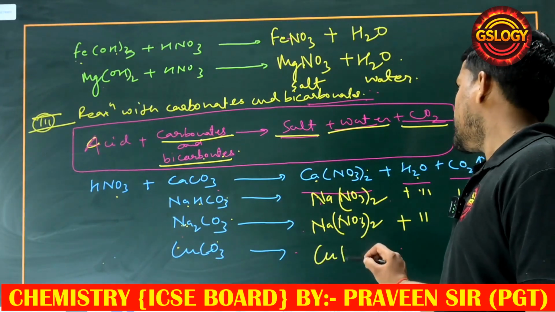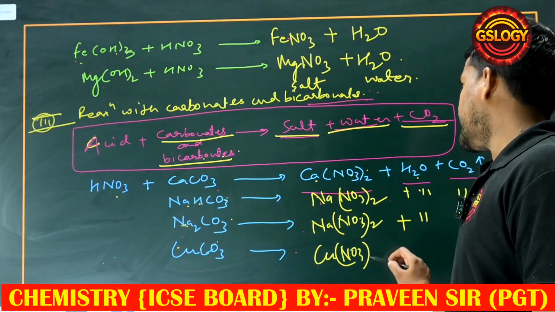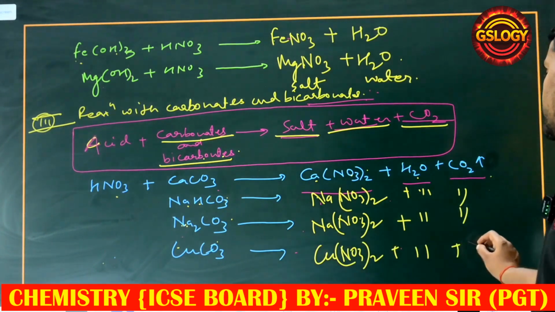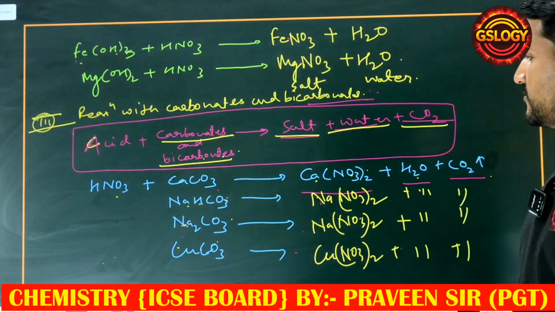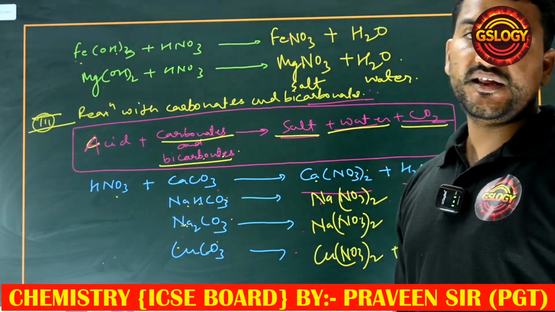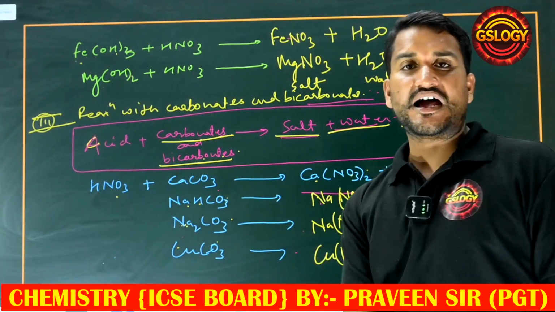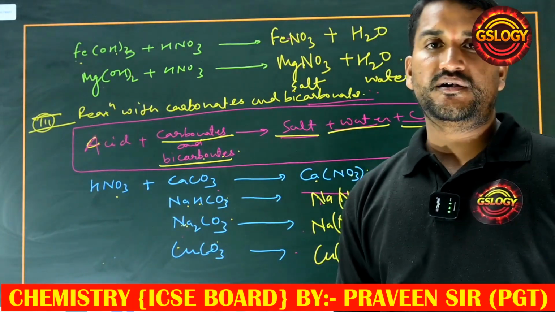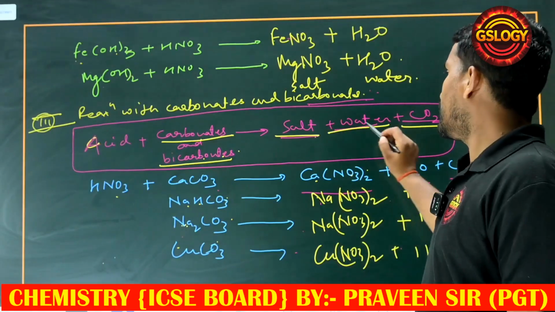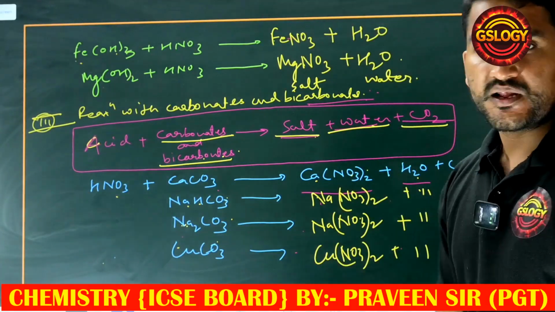Got it, everyone? It means that when an acid reacts with a carbonate or bicarbonate, it will form salt, water, and carbon dioxide.